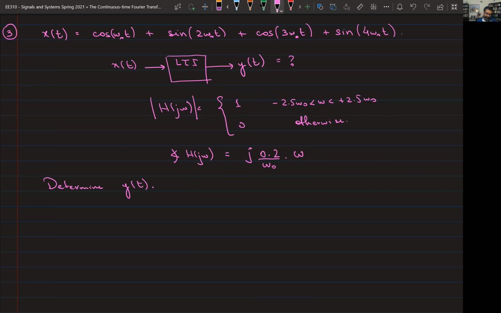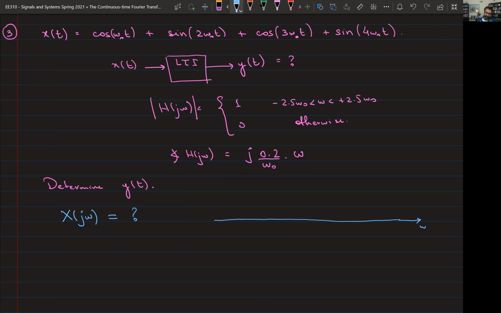So what is X of j omega? X of j omega is just a bunch of impulses. I'm just going to sketch this out. I'm not going to write this out, right?